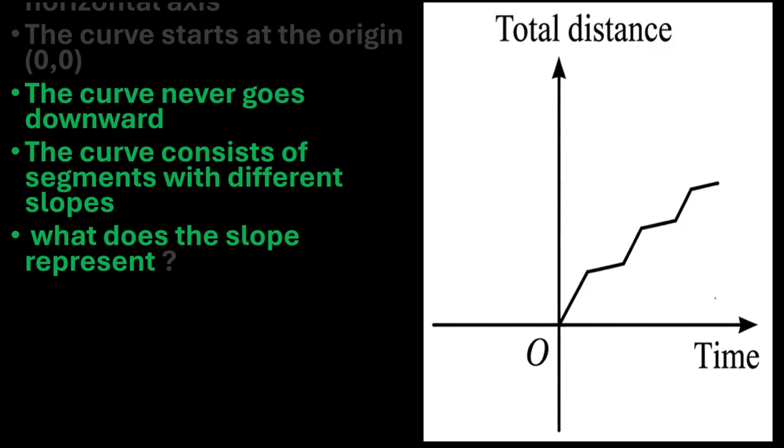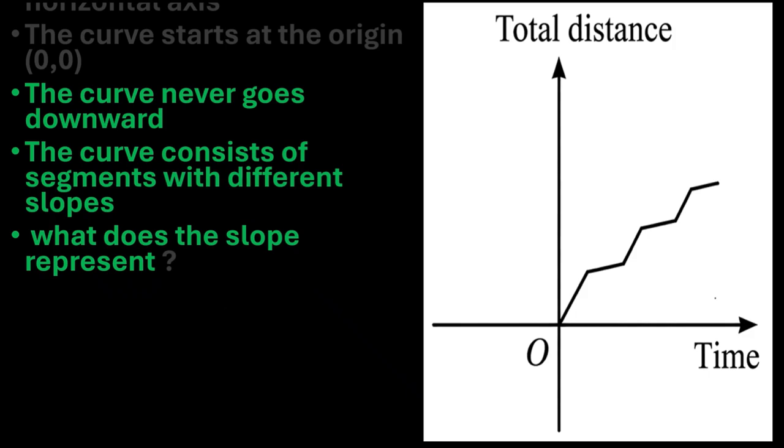Right? Now, for a distance time graph, what does the slope represent? Exactly. Slope of distance time graph is rate of change of distance with respect to time, which is velocity.